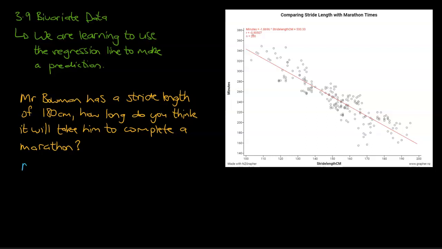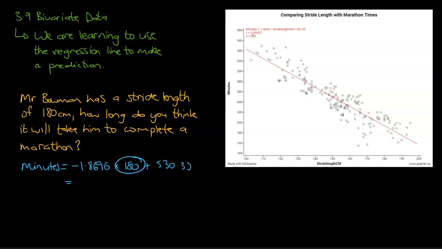So in our case, the minutes will be equal to negative 1.8696 times 180. Oh, I missed out a number there, haven't I? 86 there. There we go. And then plus 530.33.